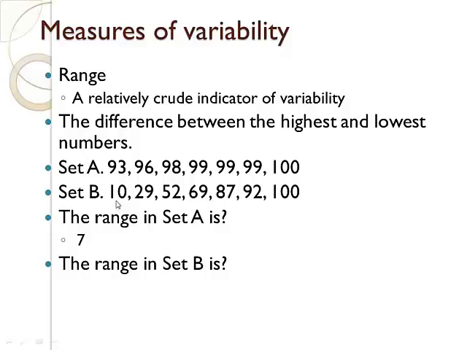So the difference between the highest and the lowest number would be 10, and 100 would be 90. So we can tell by knowing the range that this set B is more widely distributed, more spread out. The scores in that set of data are more spread out. So it tells us something, but it's not terribly informative.